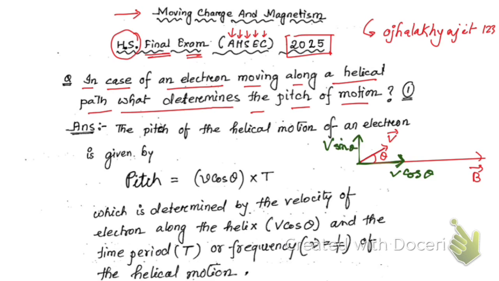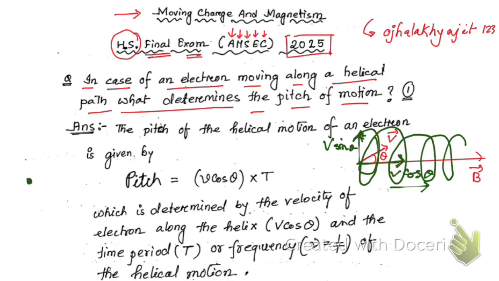Because of this vertical component, it will take a circular path, and because of this horizontal component, it will go forward as well. That's why we're going to see a spring-like path. That is called a helical path. Because the charged particle is moving forward as well as moving in a circular path, we get a helical path.